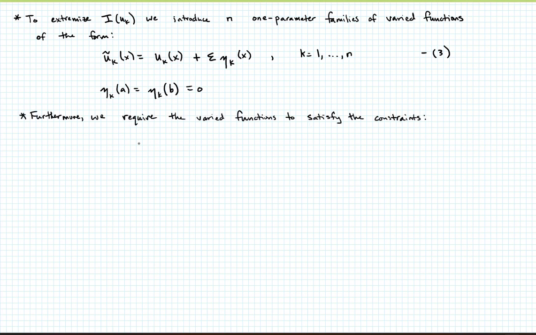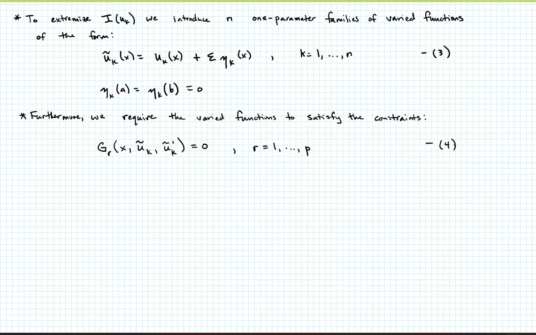So all of the g r constraints, which are functions of x, must be true for the varied paths as well: g r of x, u tilde k, and u tilde k prime equals 0, for r equals 1 up to p. Let's call this equation 4.